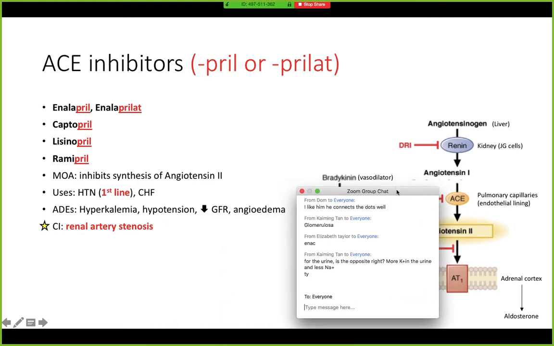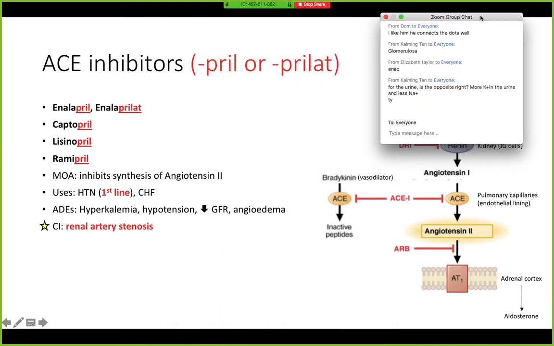So a few of your important adverse effects are going to be hyperkalemia, and that's again from the decrease in angiotensin 2 and decrease in release of aldosterone from the adrenal cortex. And then also hypotension, because you're not getting the vasoconstriction on the smooth muscle vasculature.